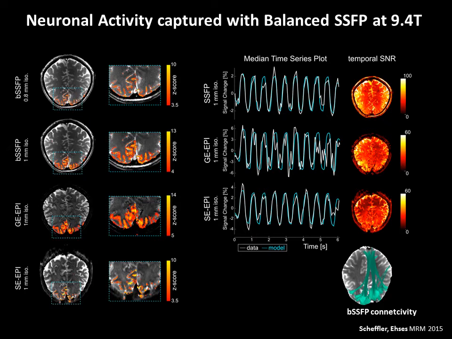What you can see is that of course gradient echo EPI shows a larger signal change than SSFP, but the SSFP signal is somewhat similar to the spin echo EPI, with the advantage that we don't have any distortions with this technique, and it's easily possible to acquire full brain coverage with balanced SSFP, which might be a problem for spin echo EPI at very high fields.